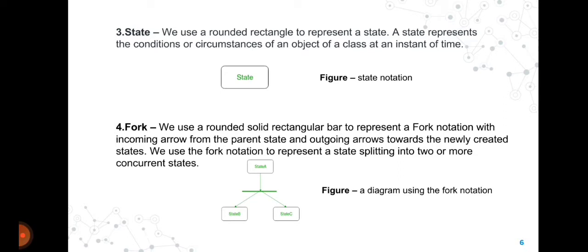If one state is split into two or more concurrent state, then we use the fork notation. It has one arrow coming through and one rounded solid rectangle and the splitting parts. If the state is split into two, then we have the two other substates, and it is a figure of a diagram using fork notation.